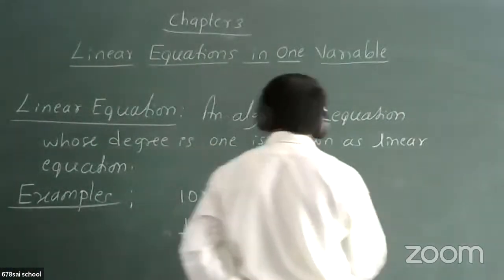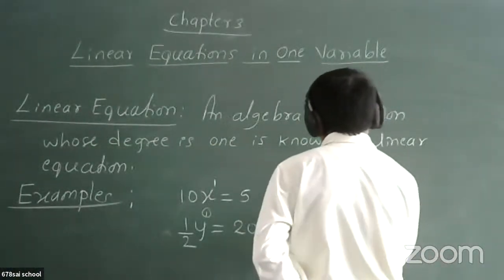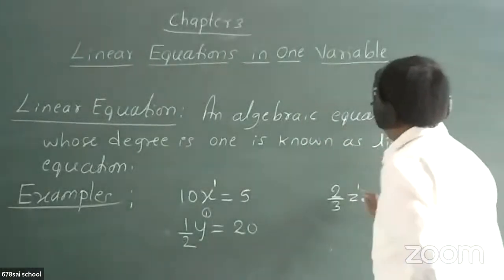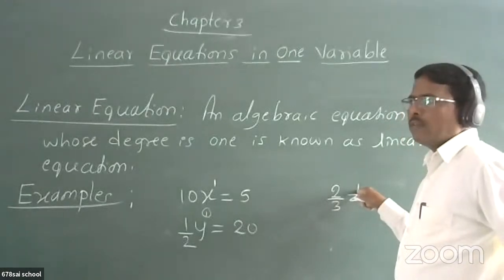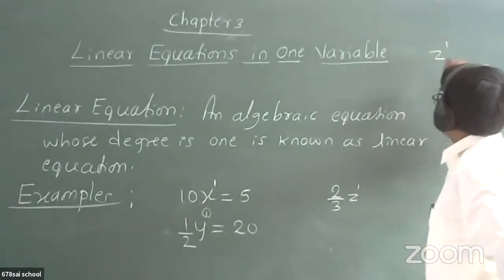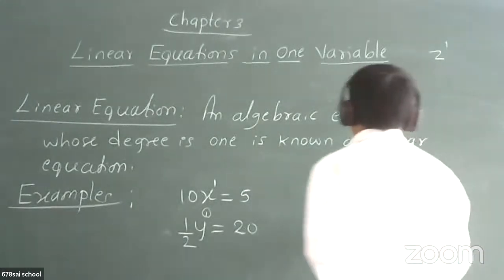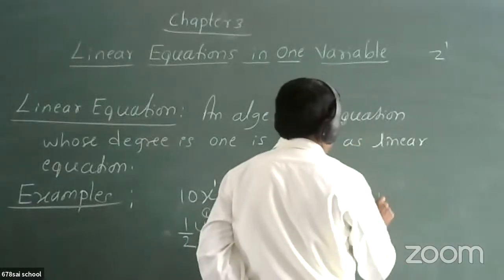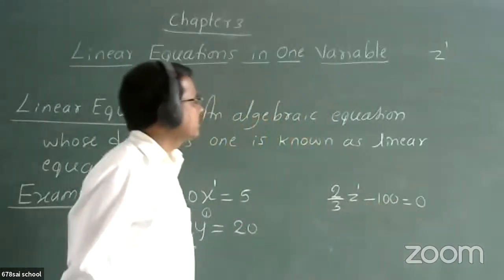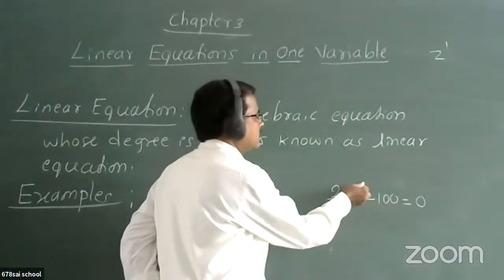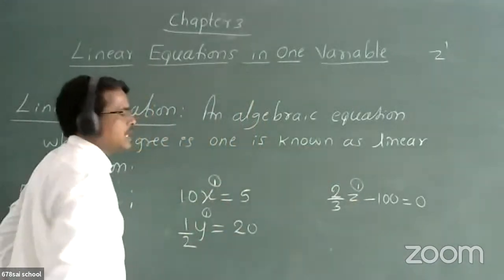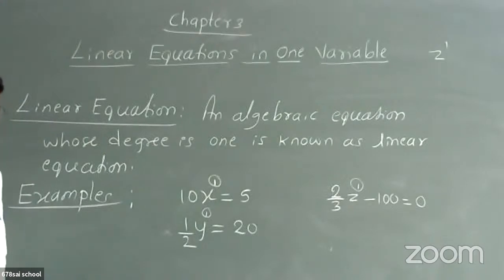You can write 2 by 3 z raised to 1 minus 100 equal to 0. You don't need to write 1; even if you don't write it, 1 is there. z means z raised to 1 only. This is also a linear equation. Here 1 is there, here also 1 is there, so it is a linear equation.